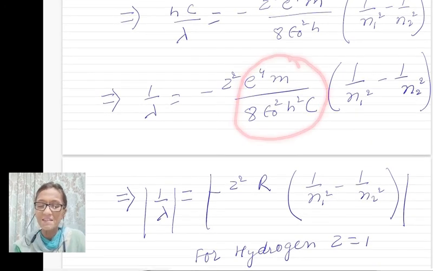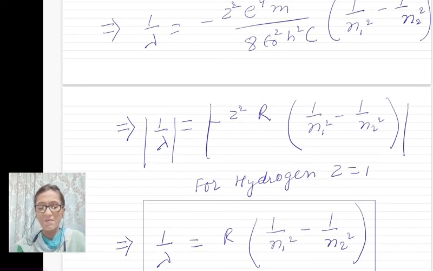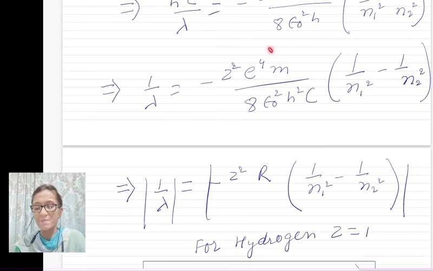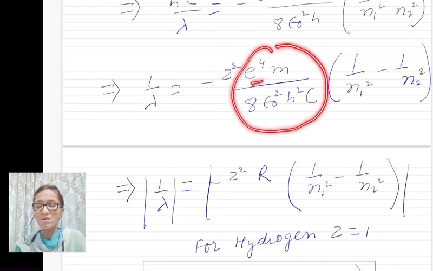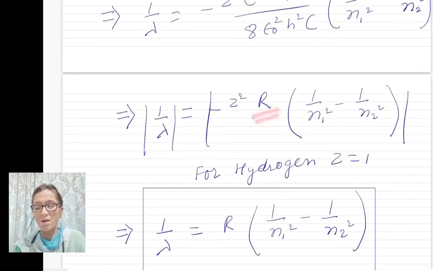So all these can be taken as one constant R. And here this wavelength is some length, so I have taken modulus on both sides so that the negative sign can be removed. This constant is replaced by R, which is called Rydberg constant.